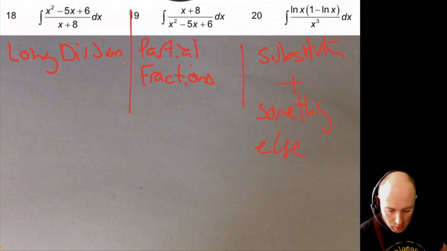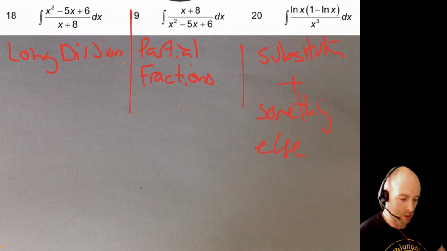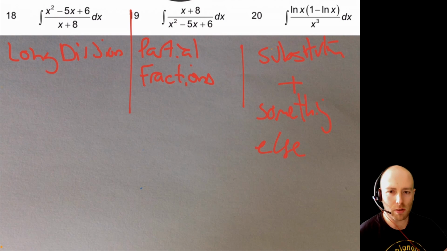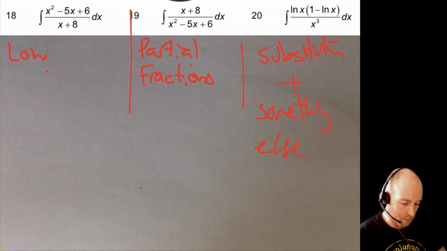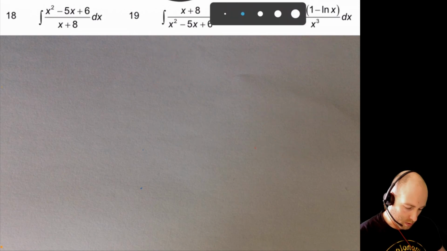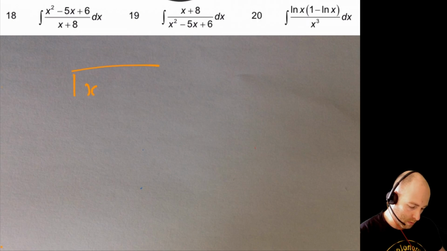So we've got long division for the first one. Tried that, must have messed up. That's right, we'll go for it now anyway. So long division for the first one. We're doing x squared minus 5x plus 6 divided by x plus 8.